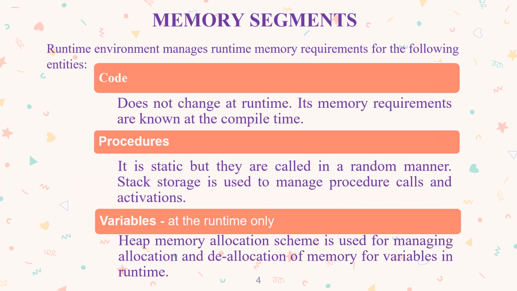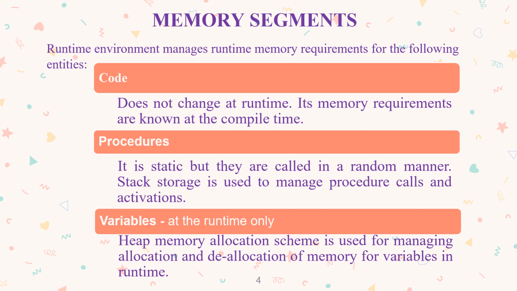In the memory segments, the runtime environment manages runtime memory requirements for the following entities. Code entity: this does not change at runtime, and its memory requirements are known at compile time. Next entity is the procedure. This is static, but procedures are called in a random manner.